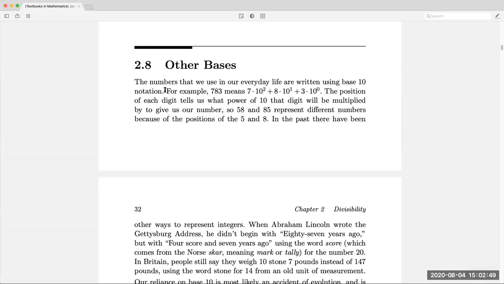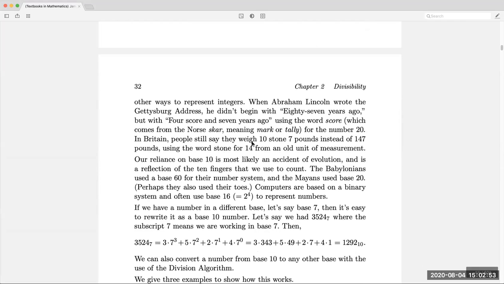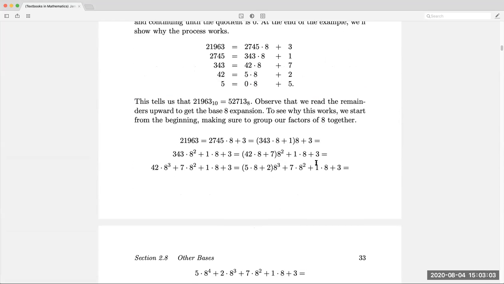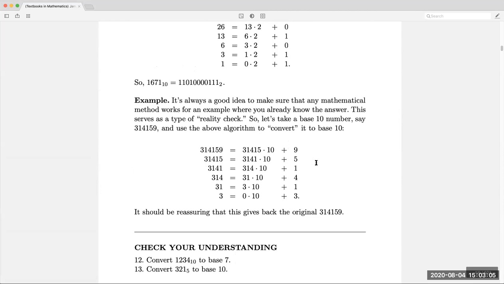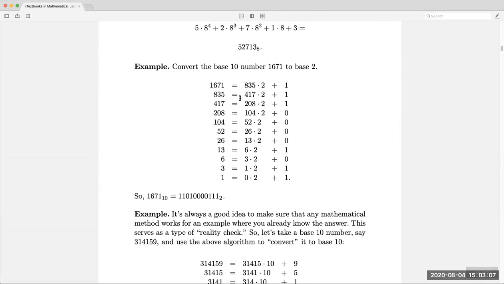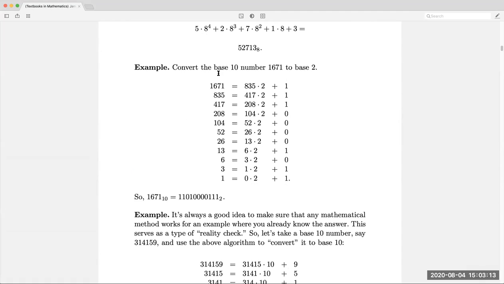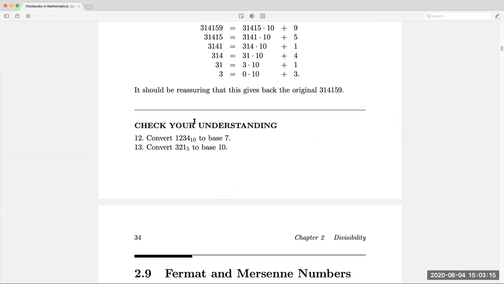The numbers that we use in daily life are in base 10, okay? And then let's say we have base 7. So you know how to convert it into base 10. We can skip this one first. The combination has a lot of questions about changing numbers in different bases, so we may need to have a look at this one.